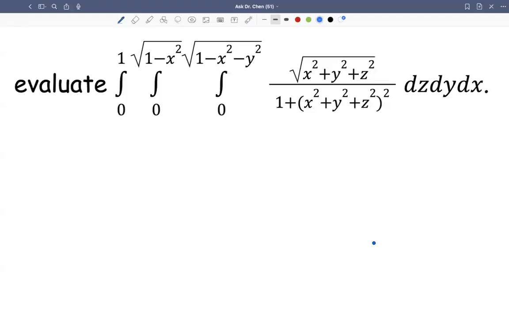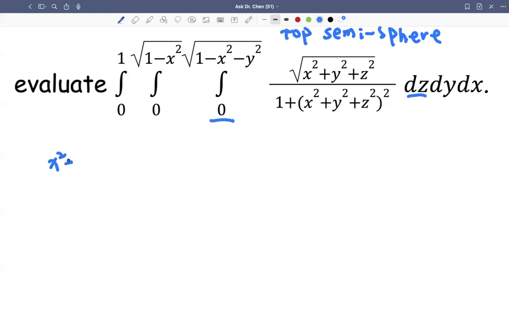Let's see this question. We want to evaluate this triple integration. In the z direction, the lower limit goes from 0 up to the square root of 1 minus x squared minus y squared. So the picture of this is the top semi-sphere, which actually is a unit sphere, a ball, a unit ball.